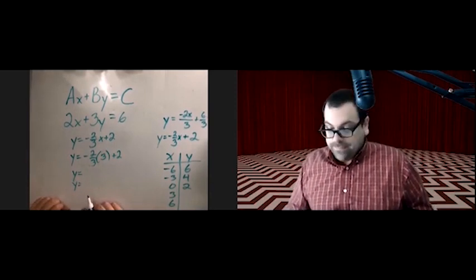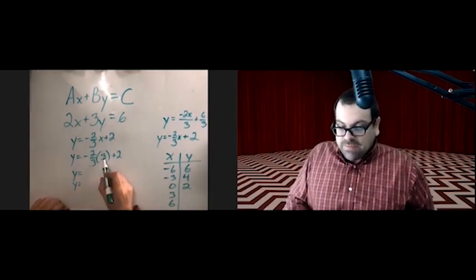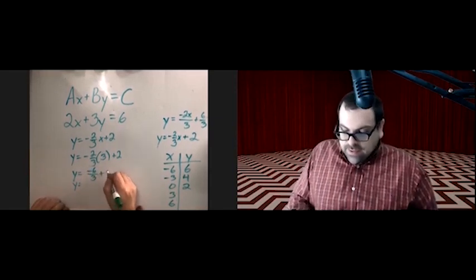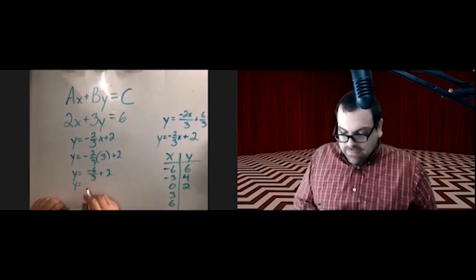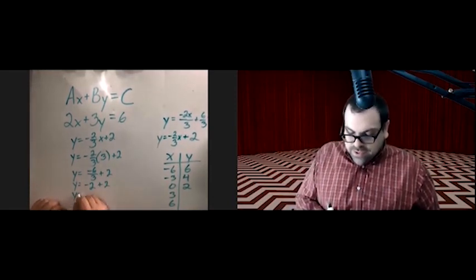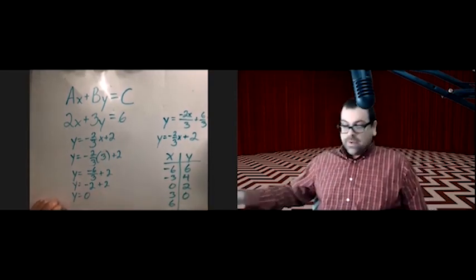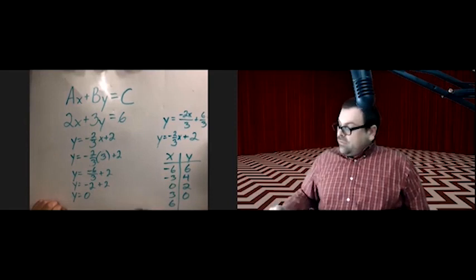Plugging in 3. Negative 2 times positive 3 is negative 6. Negative 6 divided by 3 is negative 2. Negative 2 plus 2 is 0. And I have one more value.